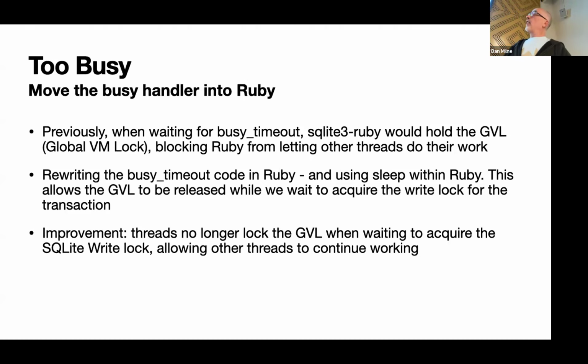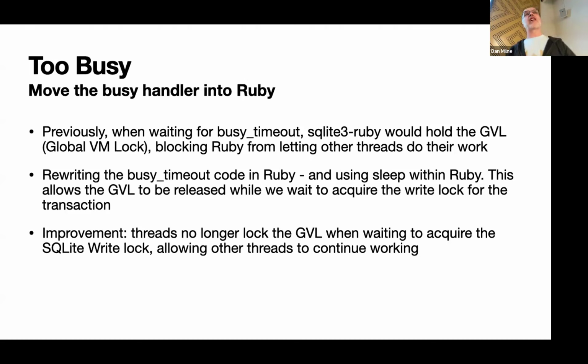Okay, so another change that they made: the busy timeout, the busy handler for SQLite. The Ruby library just used the C version of that. So when you got the busy timeout and you're waiting, that was actually happening on the C side, and it would block the GVL. So it would stop your whole thread from doing anything. So they rewrote that in Ruby and just swapped for sleep.